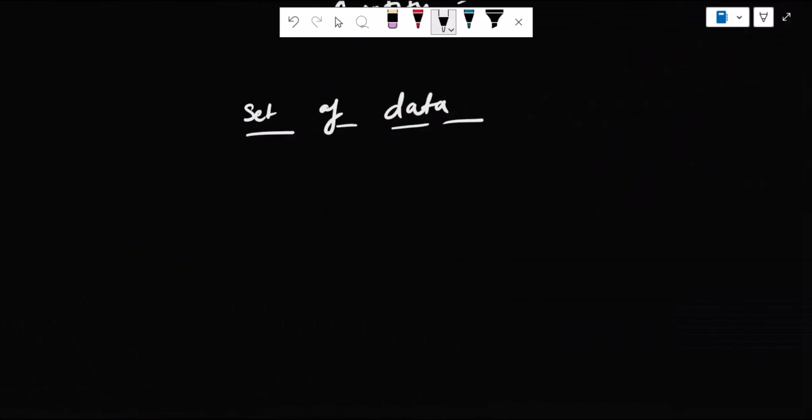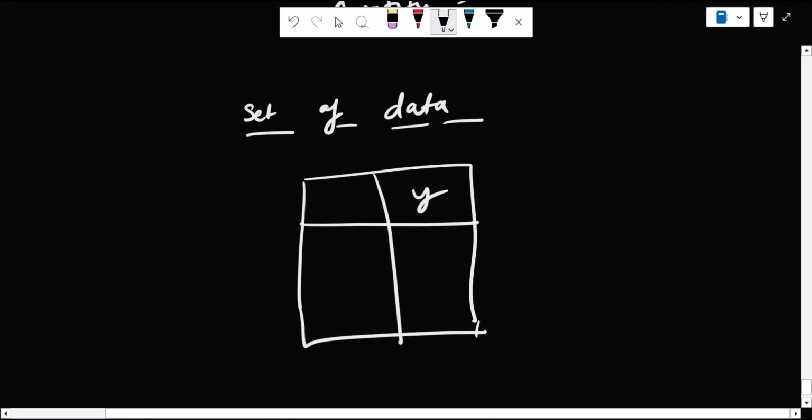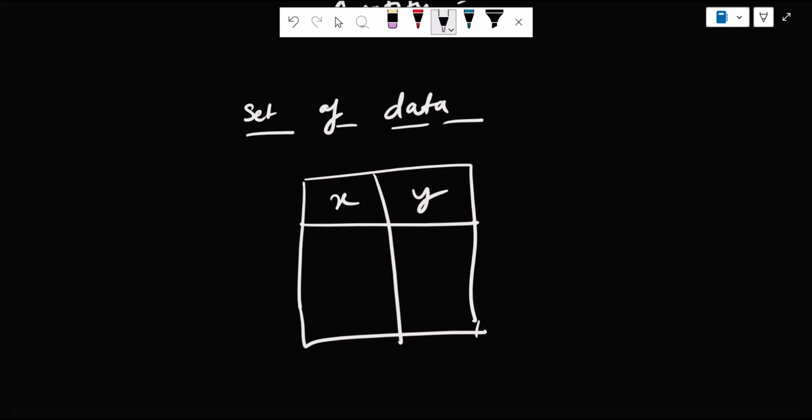Let's say we are given any random set of data where there are two variables, one dependent and the other independent. Let's say we have been given 3 points, 2, 3, 4, and we are given the values of the dependent variable. This can be any variable.